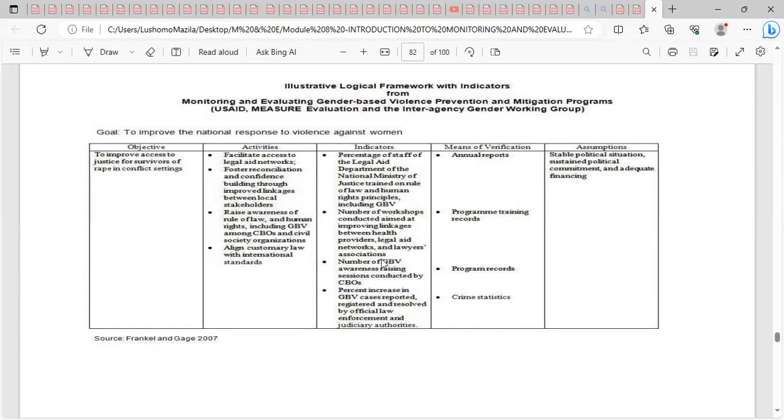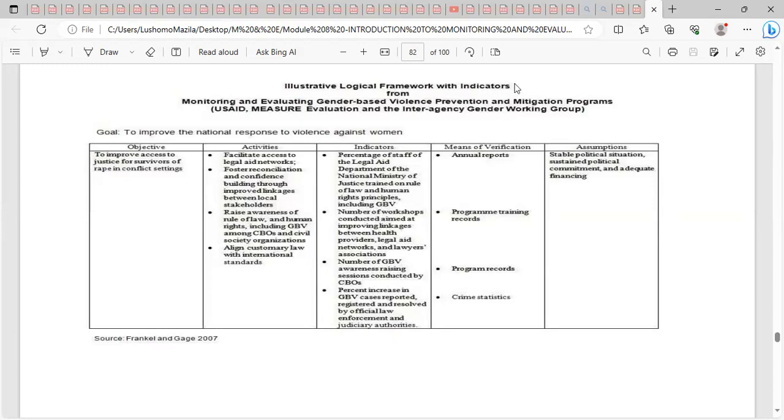Yes, I get you. An activity can have 2 or more indicators. On raising awareness, the number of workshops conducted is a way of raising awareness. The number of GBV trainings conducted can also link to that one. So you can have one activity but 2 or more indicators.